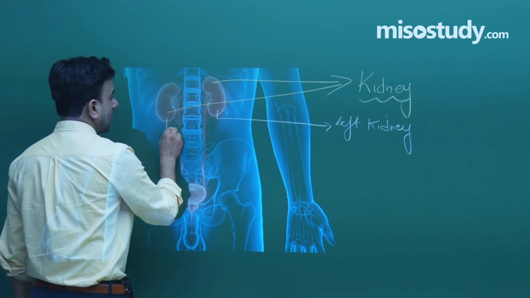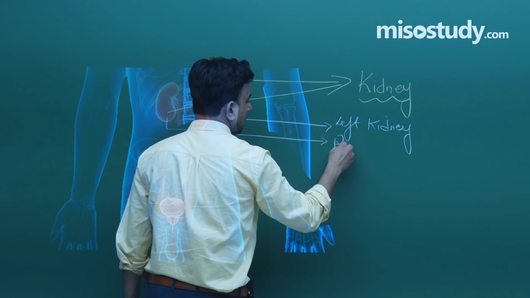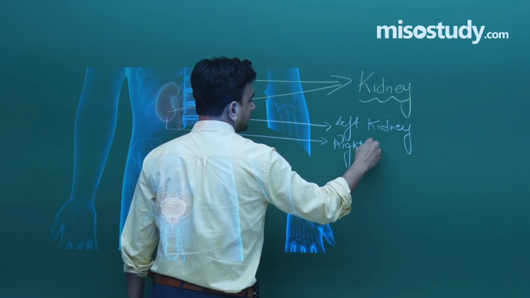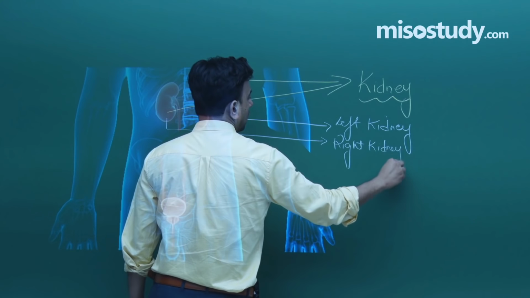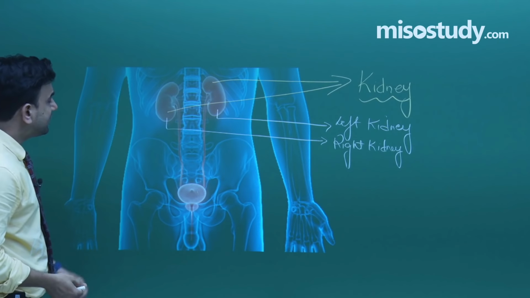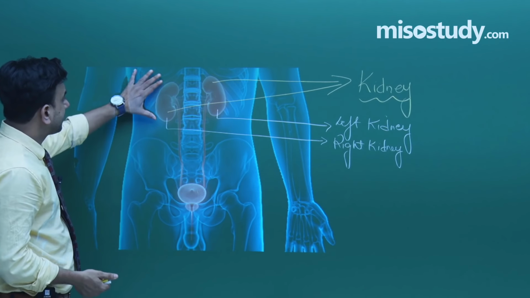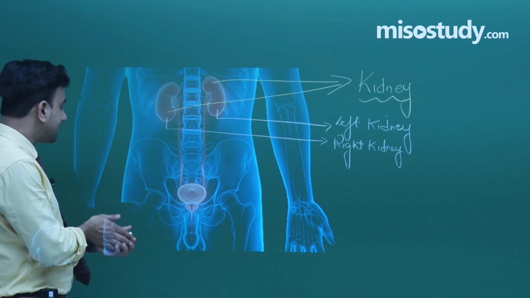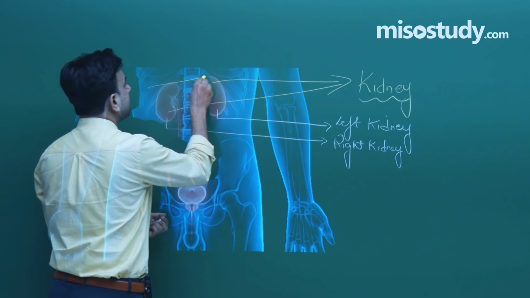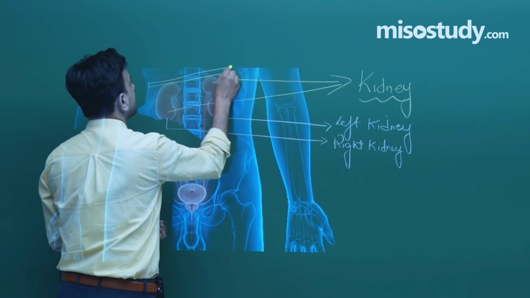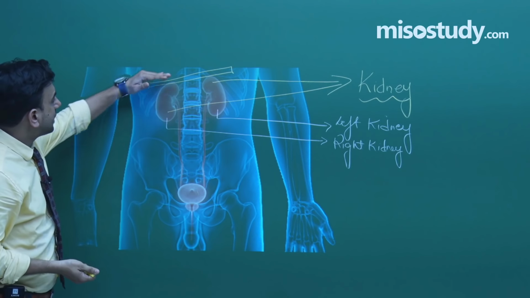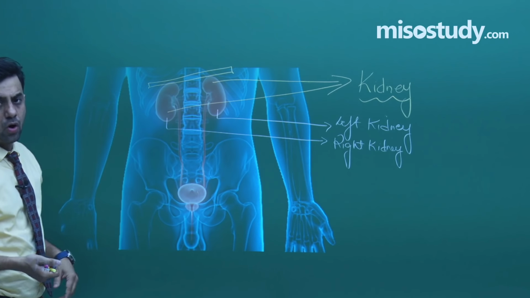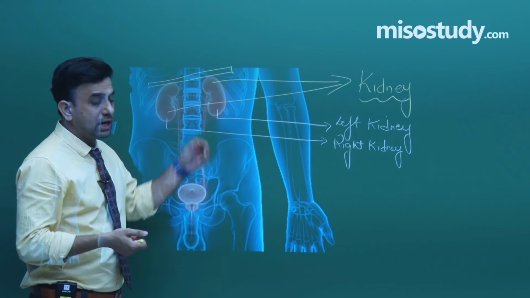And this is the right kidney. Got it? So we see that the right kidney is a little lower in position than the left kidney.